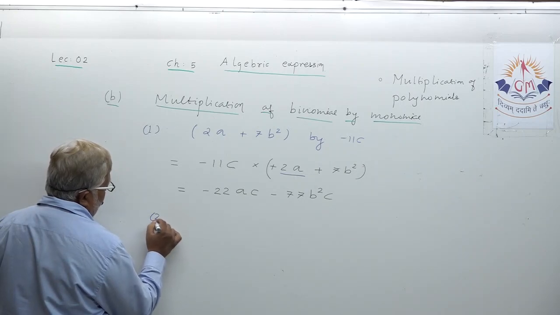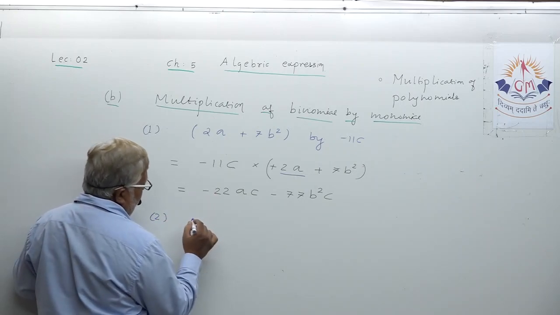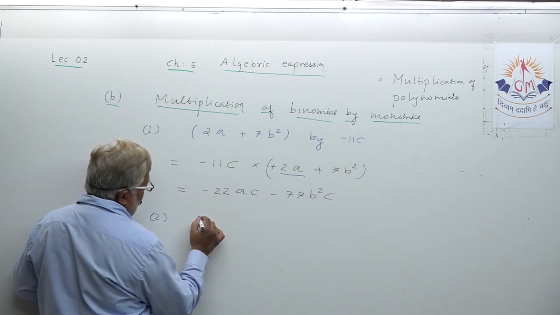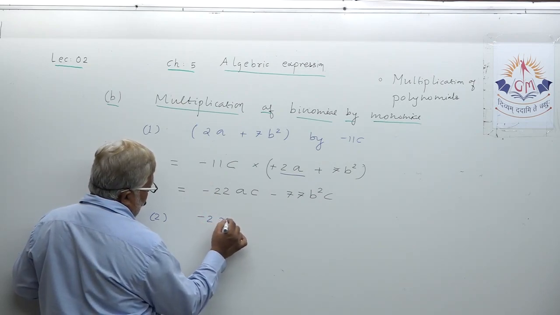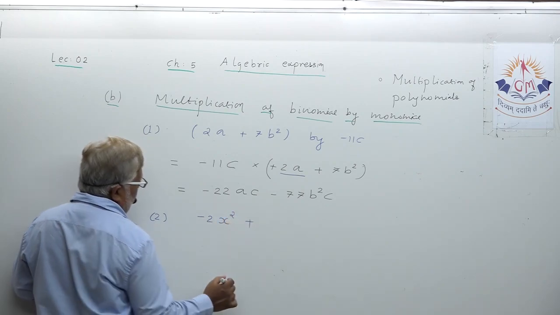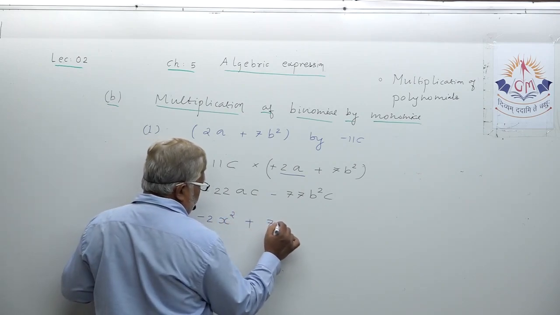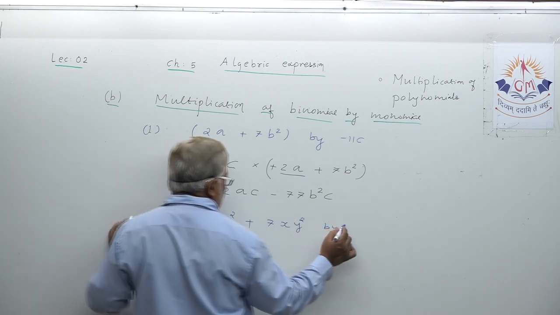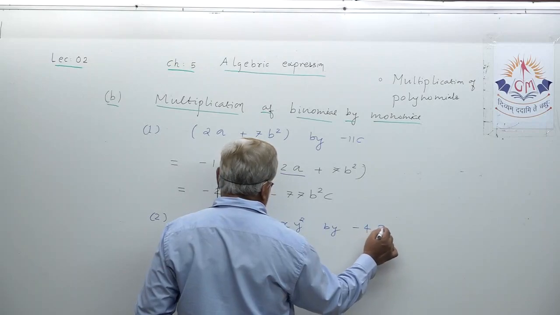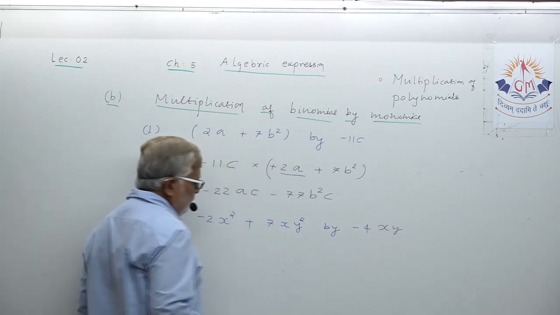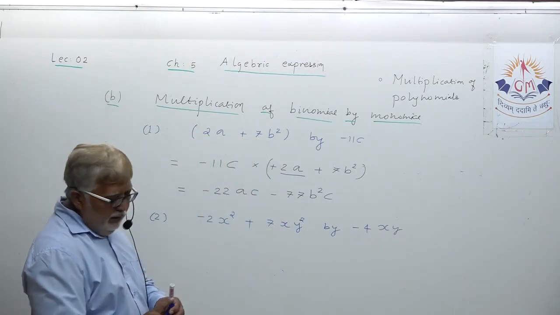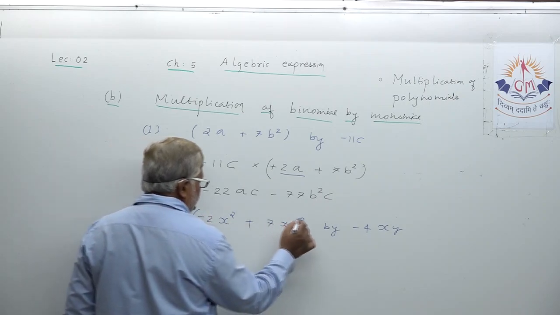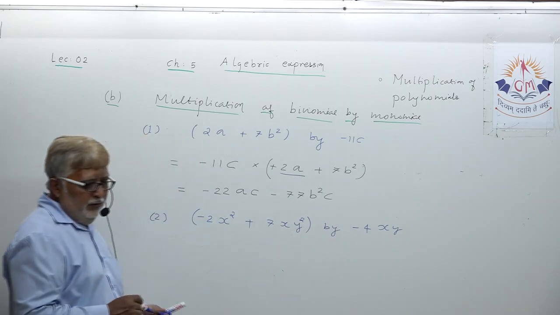One another example I would like to take here. Suppose I write this way, multiply minus 2x square plus 7xy square by minus 4xy. You are again given one binomial and one monomial.